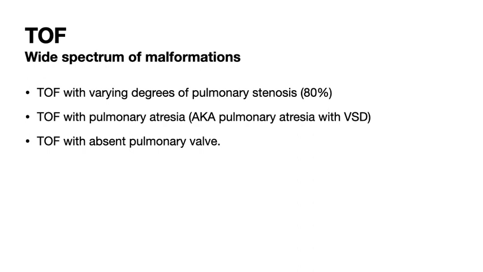And then lastly, you can have tetralogy of Fallot with an absent pulmonary valve, meaning you still have your overriding aorta, you still have your malalignment VSD, but now what you've got is this absent pulmonary valve. And as we'll talk about in just a little bit, the obstruction component is because there's frequently no ductus arteriosus at all.